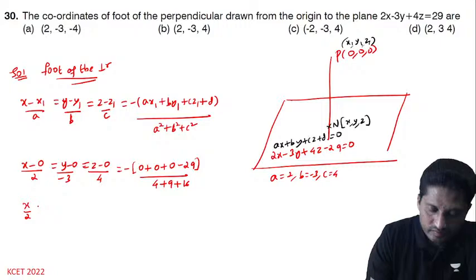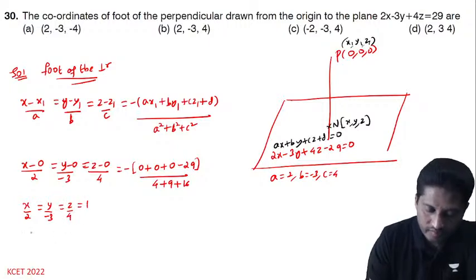So x by 2 is equal to y by minus 3 is equal to z by 4 is equal to 1. If I cross multiply, you will get x is equal to 2, y is equal to minus 3 and z is equal to 4.